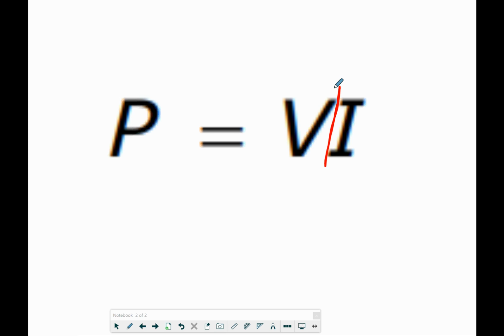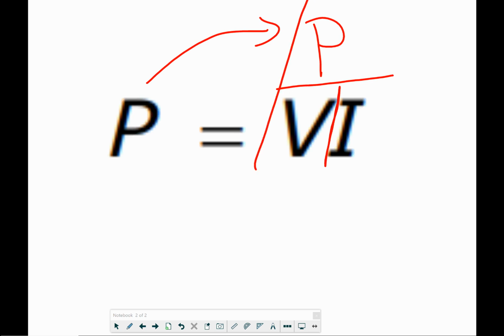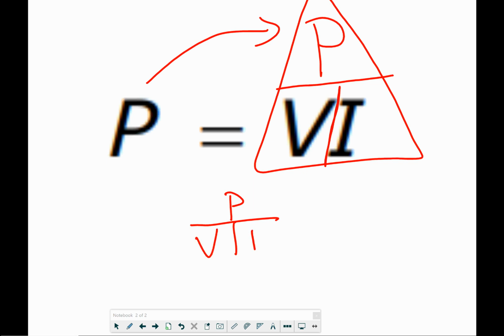Remember, if you don't want them to multiply, you need to put a line between them. Then you're going to put a line on top of them, and you're going to take this P and put it up here. That's your triangle. Now you do not need to draw the actual triangle. Yours can simply look like this. Mine will always look like this. Okay?